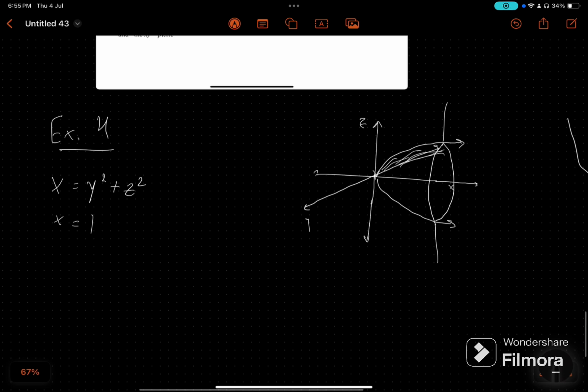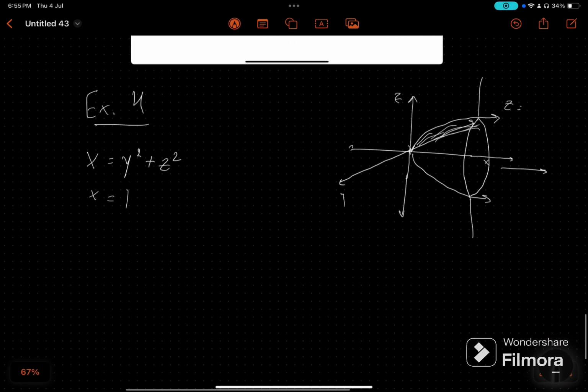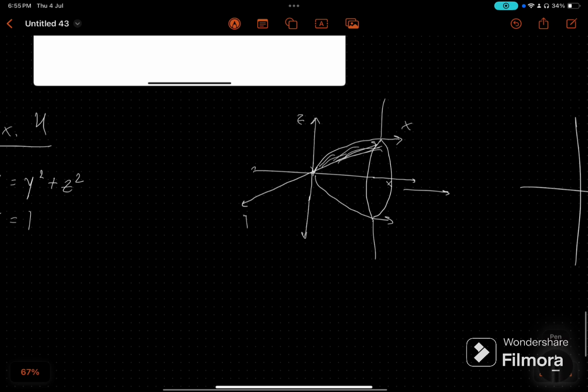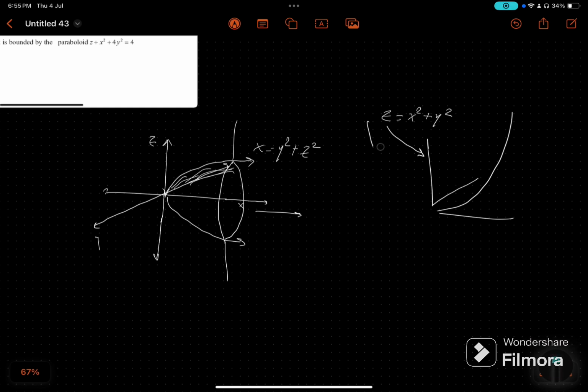We're going to go through the x-axis. Before, we had z equals x squared plus y squared, and so the axis was z. Now we have x equals y squared plus z squared, so the axis is x here, and it's going to look like how it's looking there.